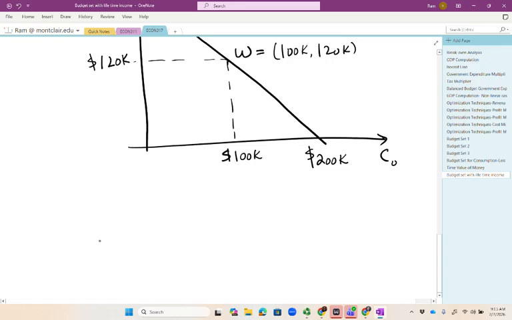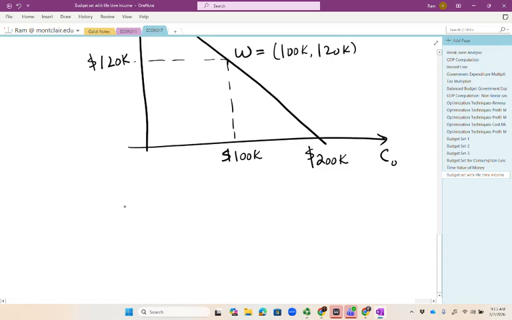So let's assume, again for ease of computation, whole numbers, but I will assume a lower interest rate for savings and a higher interest rate for borrowing.